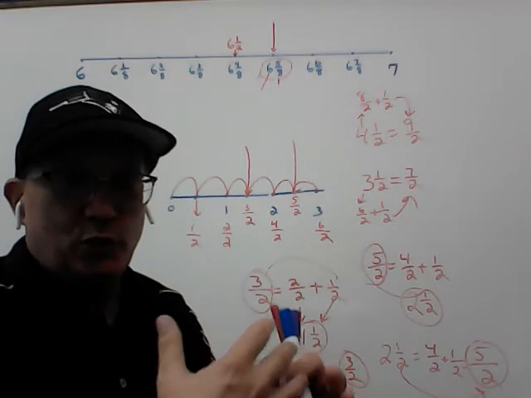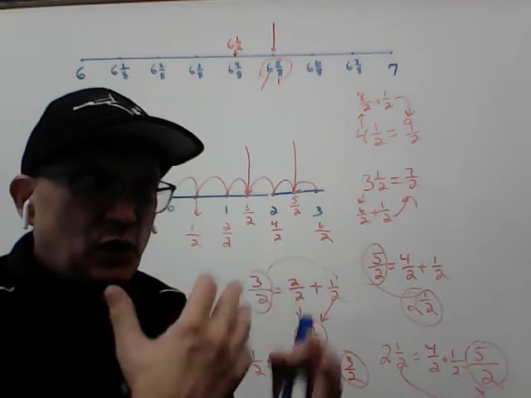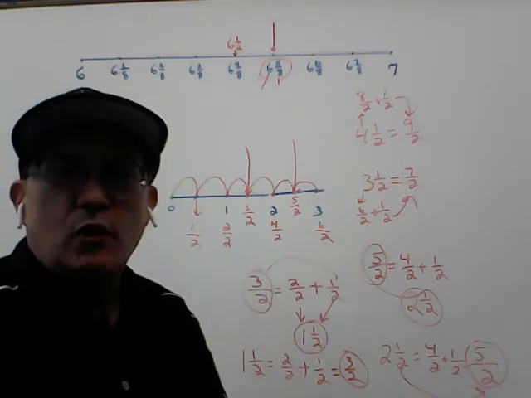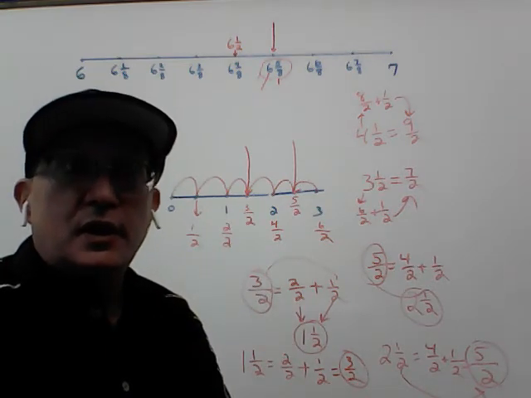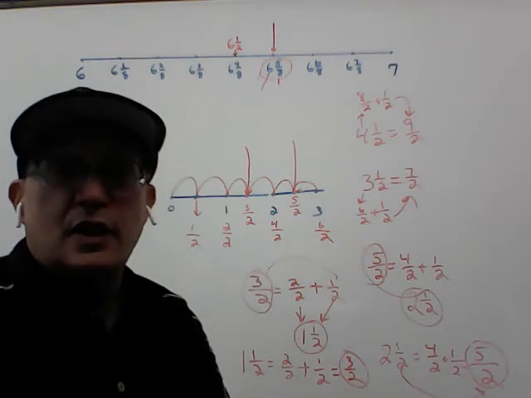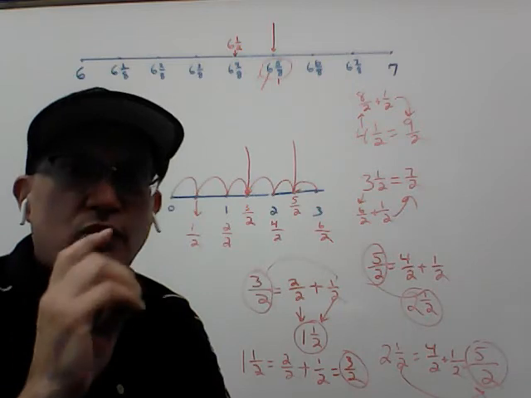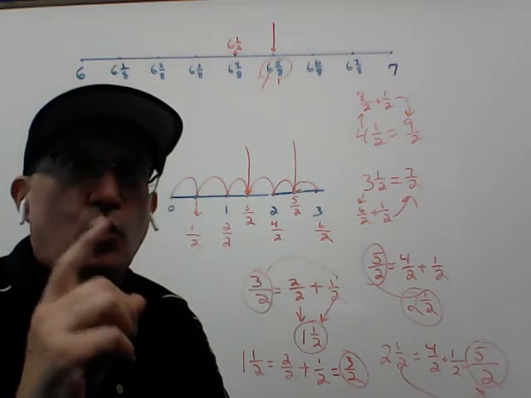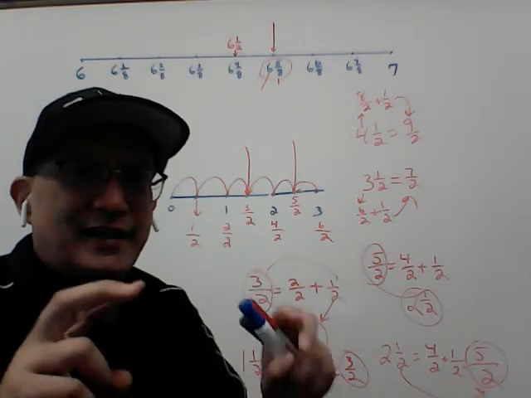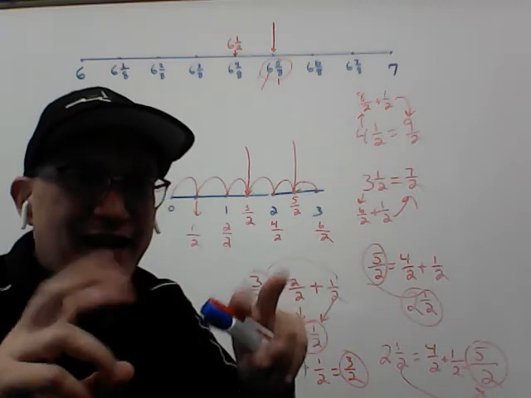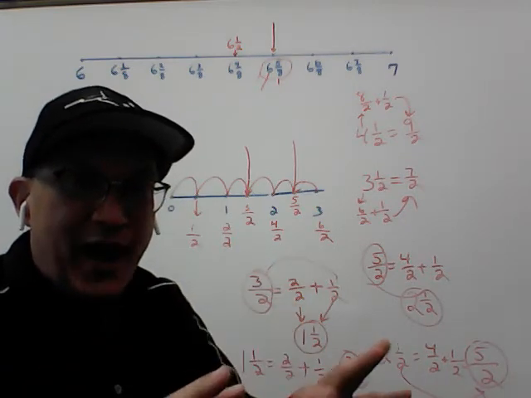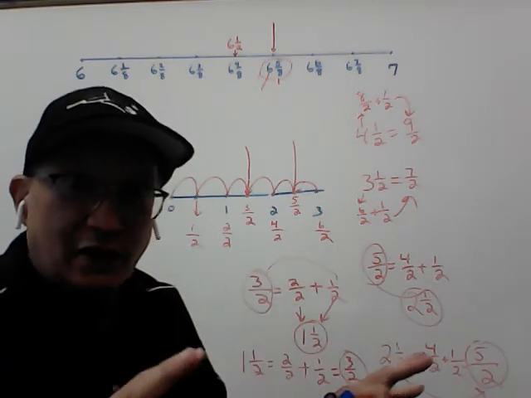So I hope this is giving you a little bit of a sense of where we're headed and some of the protocols, some of the ways we're going to go about doing things. I just, at this point, want you to realize that it's not like 9/2 is bad. It's not like it's illegal.